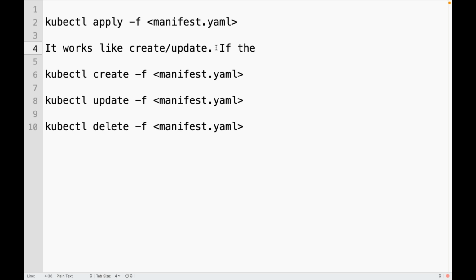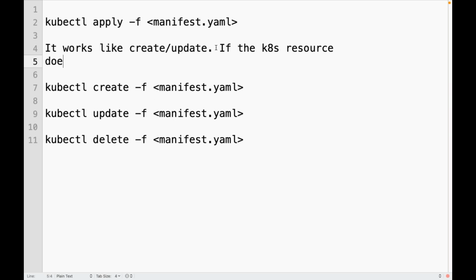If the Kubernetes resource doesn't exist, what does it do? If it doesn't exist, it will create. If it already exists, what does it do?